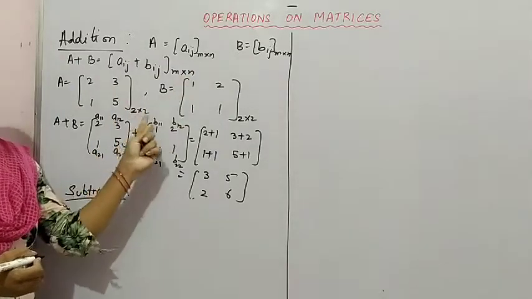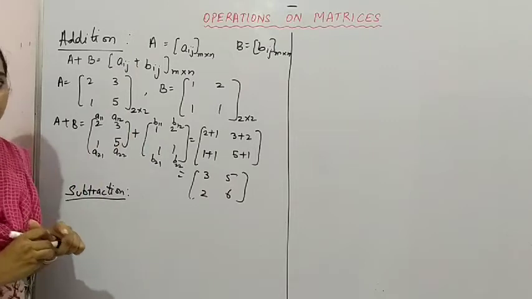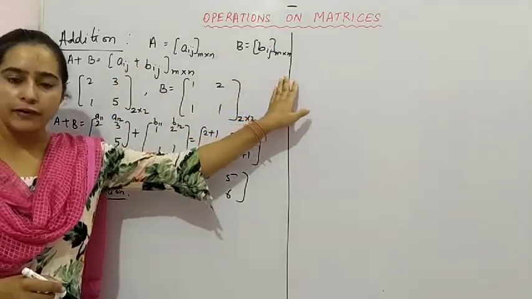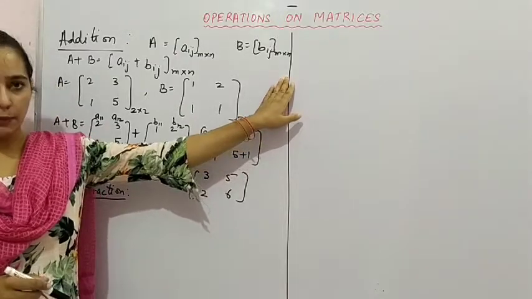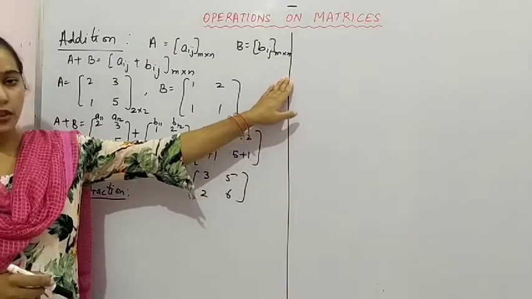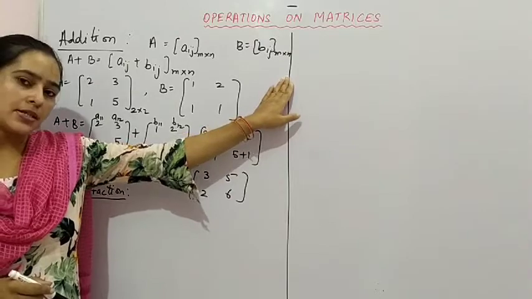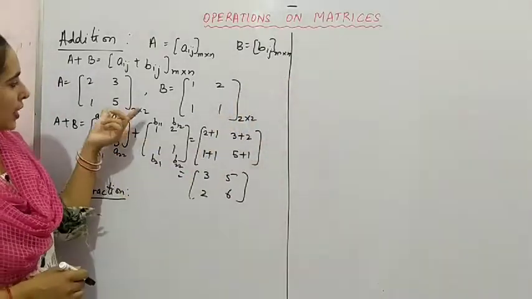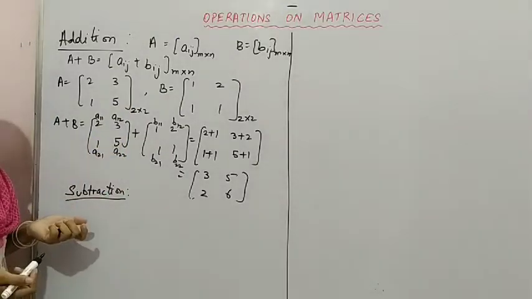Everything else is the same. That means we can subtract two matrices if and only if they are of the same type. Their order is the same. Number of rows and number of columns is the same in both the matrices. So let us discuss this with an example.